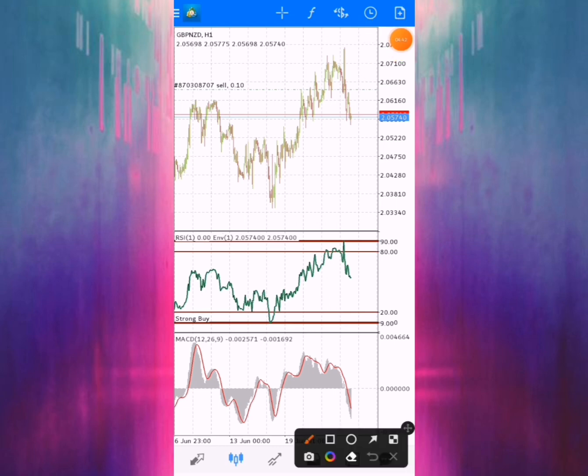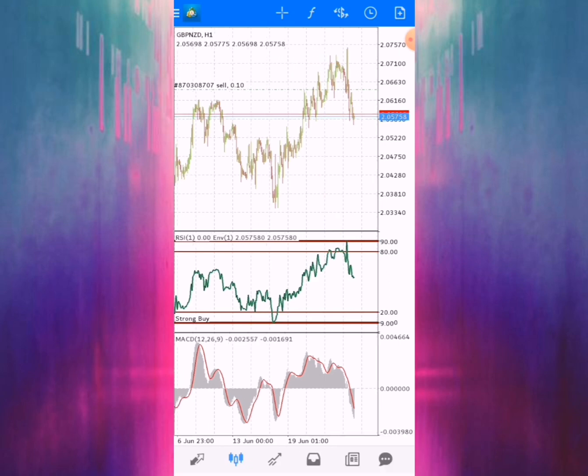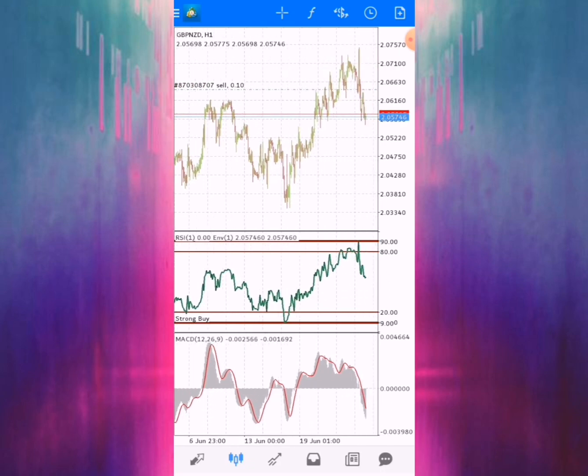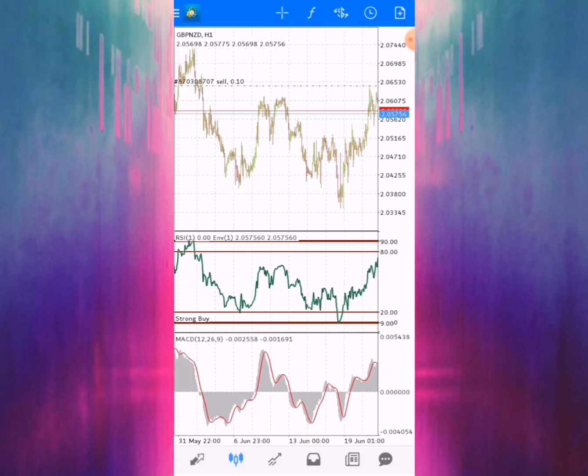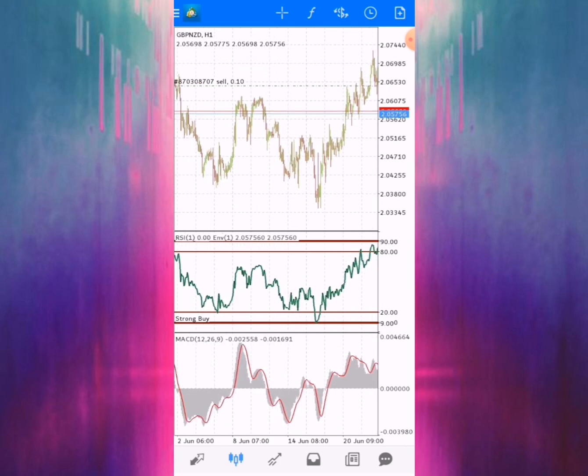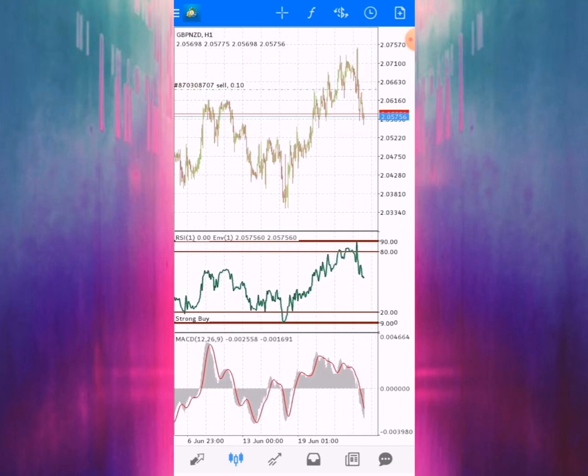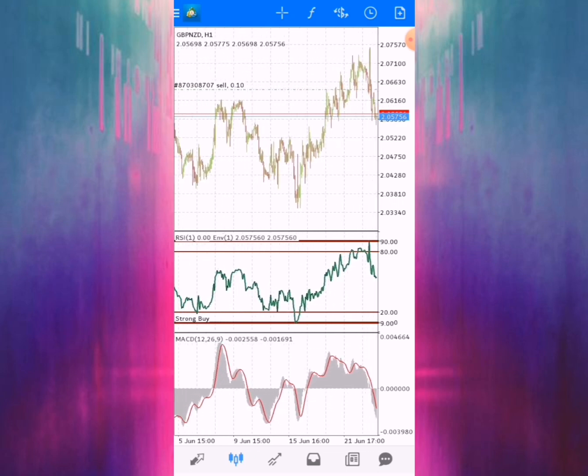You want to make sure that price here has been overbought, as you can see right there. And to confirm that, I said in one of my old videos that you can move this thing back and forth to see if it is not moving away from the 90 level. You can see that it is not moving away.